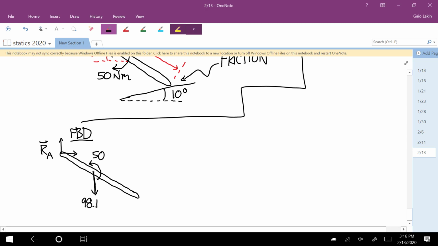And then over here, we have a force that's perpendicular to that incline. So if that's the incline, it has to be this way.